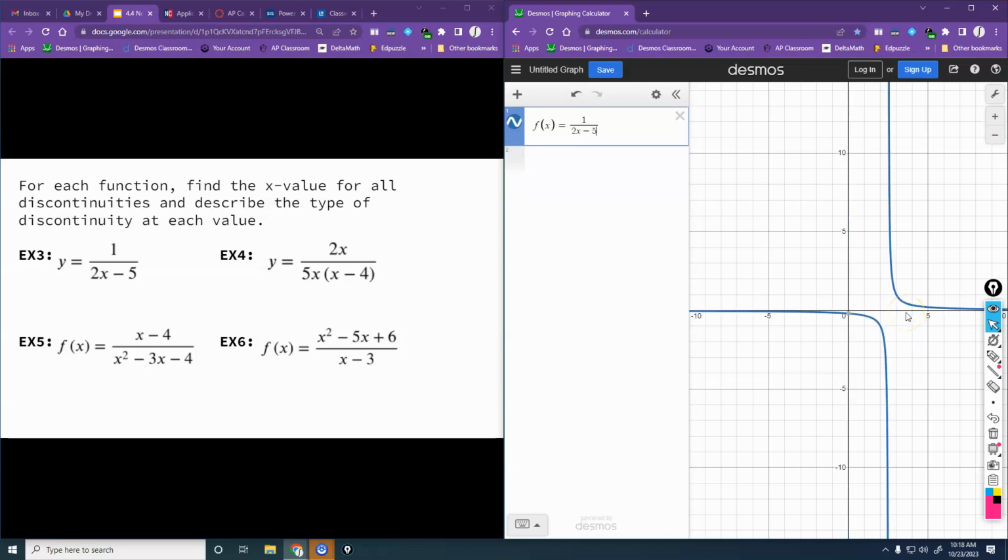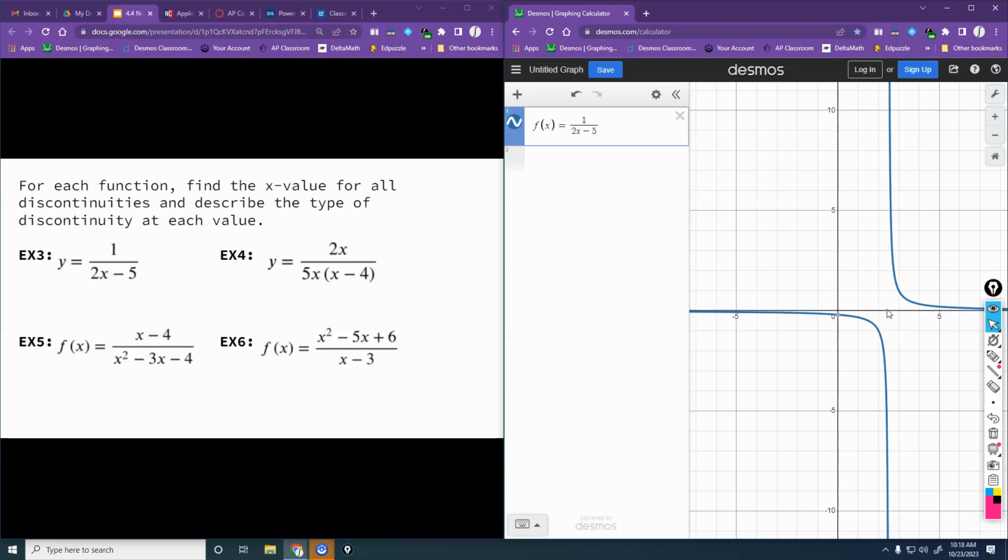That looks like it has a vertical asymptote. Where does it look like that is at? What do you guys think? If I do x equals 2, is that the vertical asymptote? No, because it touches it. So that's not it. 2.5. Oh, that looks better, right?